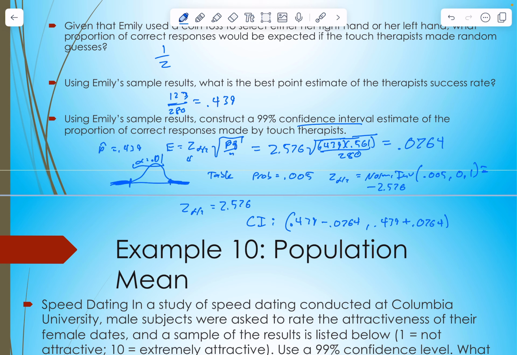It's 0.363. And then on the other hand, it is plus, 0.5154.